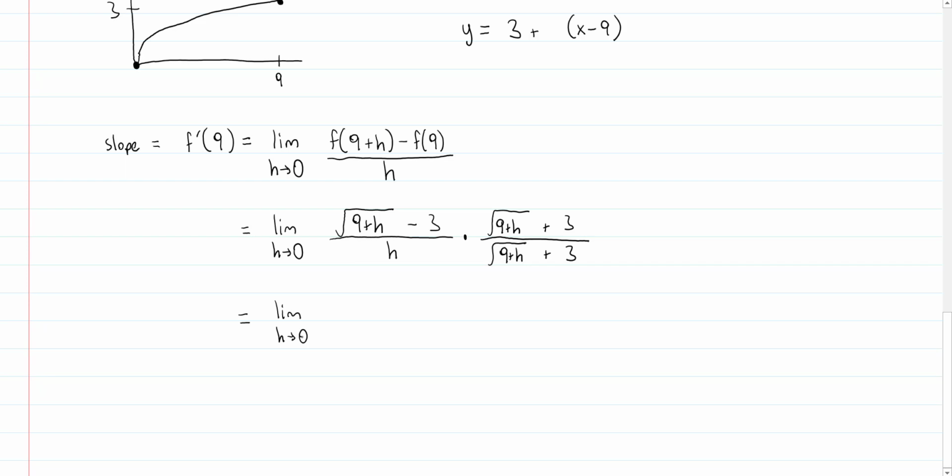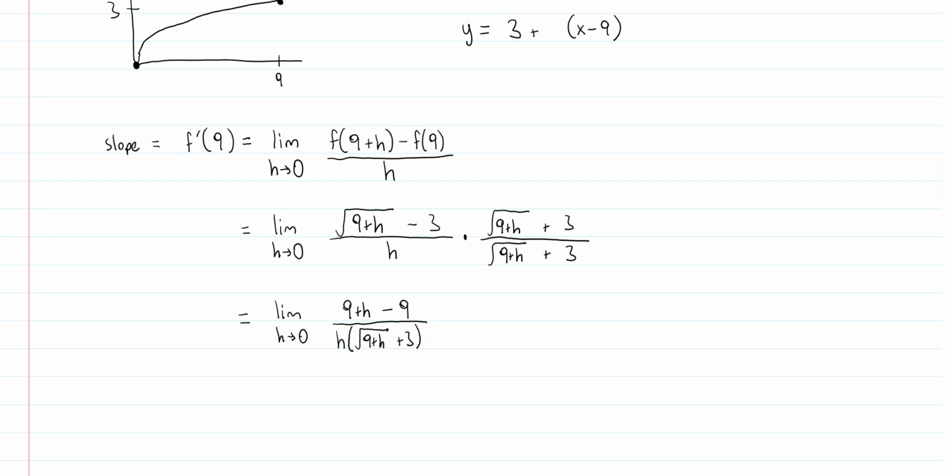So when I multiply the numerator out, I'm going to get the square root of 9 plus h all squared. And that just gets rid of the square root. And then I'm going to have minus 3 squared, which is 9. And the denominator, we'll leave it as h times the square root of 9 plus h plus 3.